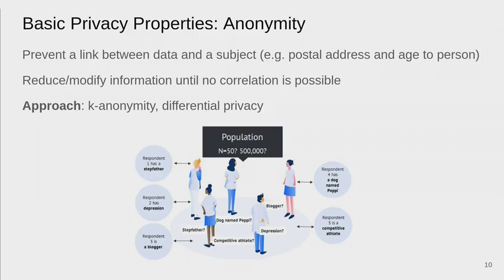So you have to reduce or modify the information until this correlation is gone. And here, the example was postal address and age to an actual person, which was sufficient to uniquely identify individual people somewhere in the US. Different approaches that we'll talk about are K-anonymity, differential privacy, and so on.